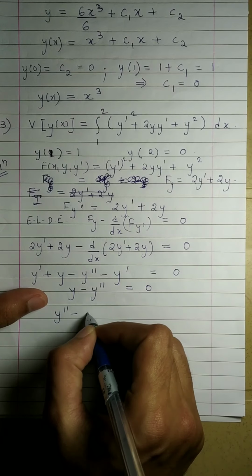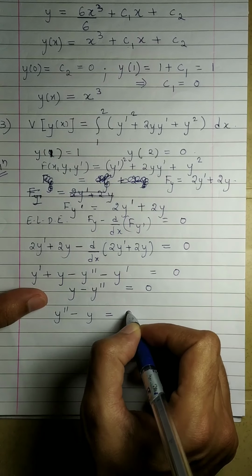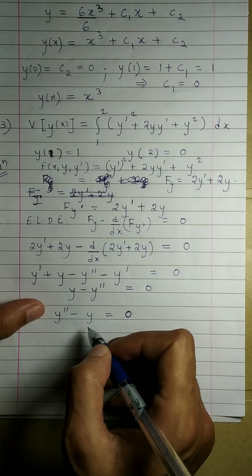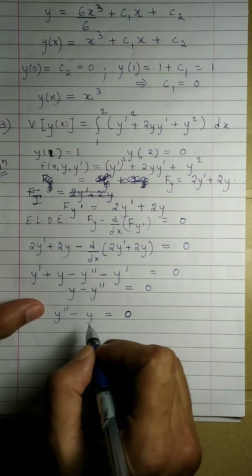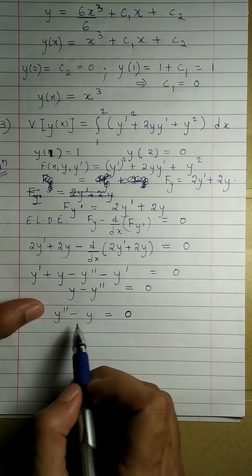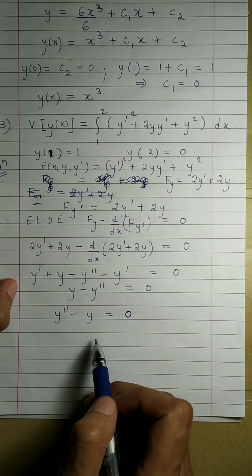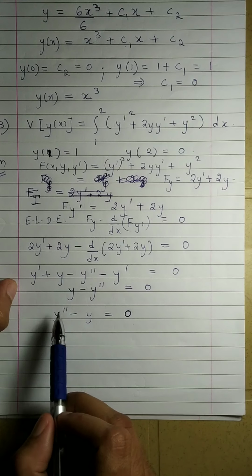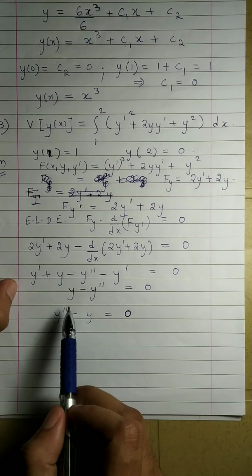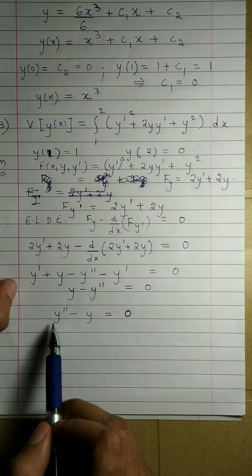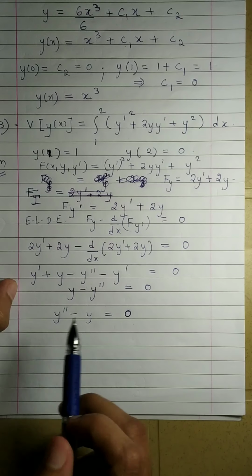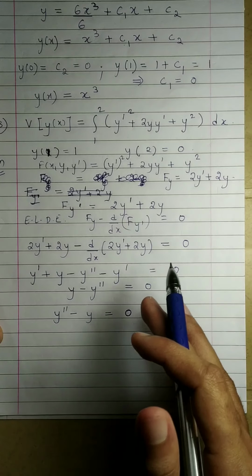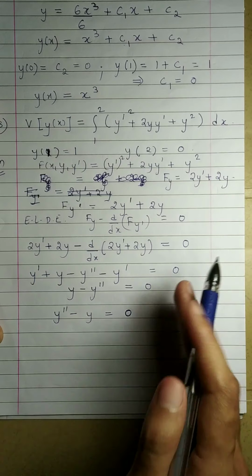We want to solve this differential equation. And how do we solve it? You can see here, it's a second order differential equation with constant coefficients, so we need not get involved in the power series method or any other method.